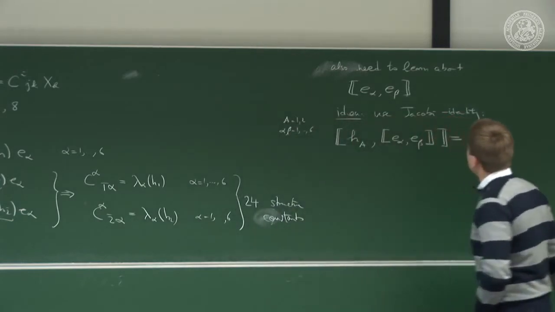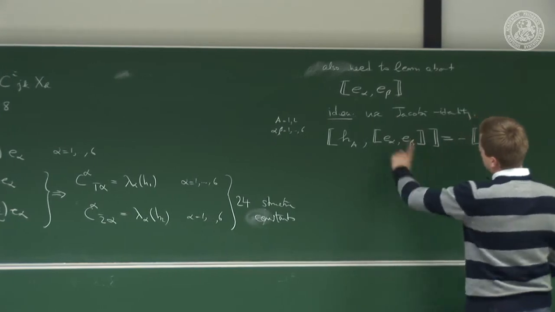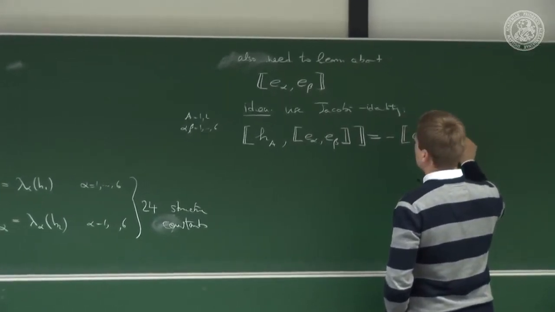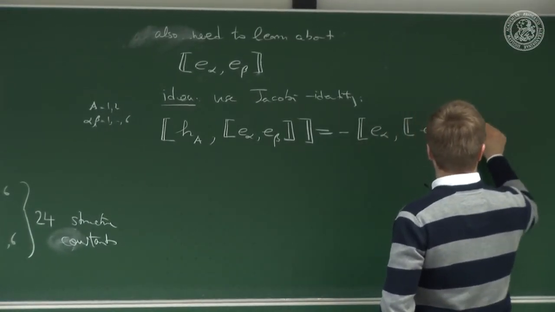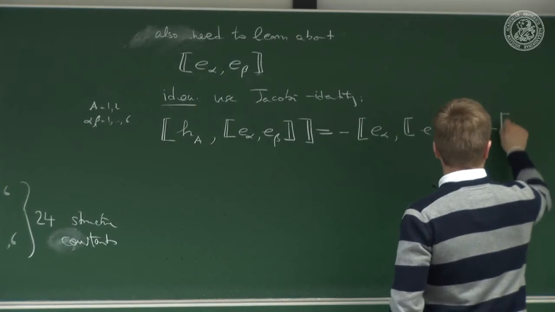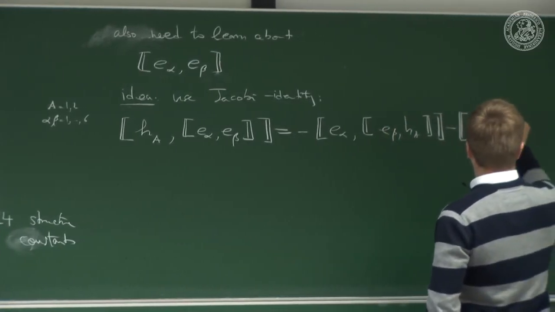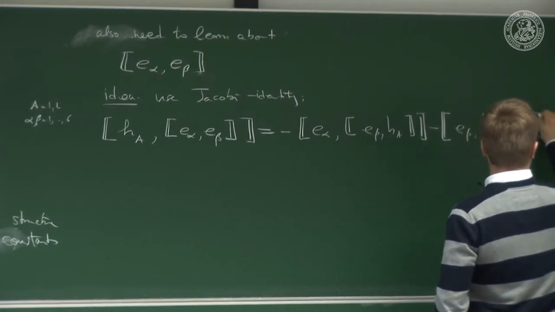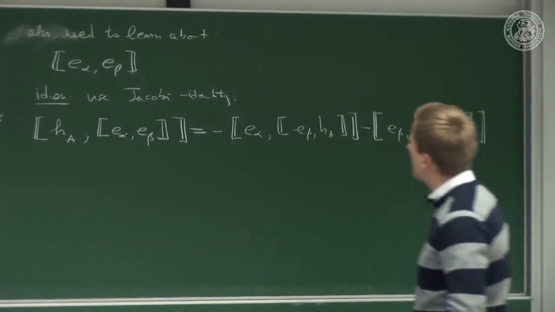Of course we do, because by use of the Jacobi identity, this is minus, now we cyclically rotate through, [E_alpha, [E_beta, H_A]] minus [E_beta, [H_A, E_alpha]]. So this is simply the Jacobi identity.